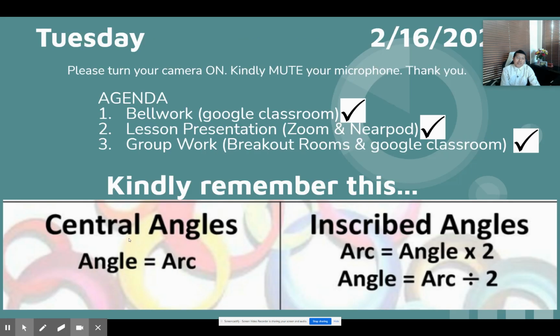All right, so let's remember this. We have central angles and inscribed angles. Remember we talked earlier about the central question: what's the relationship between a central angle and its intercepted arc? The measure of the central angle and the measure of its intercepted arc are equal to each other.